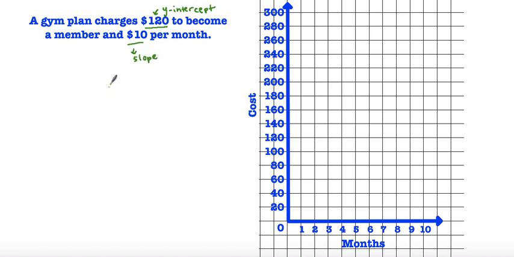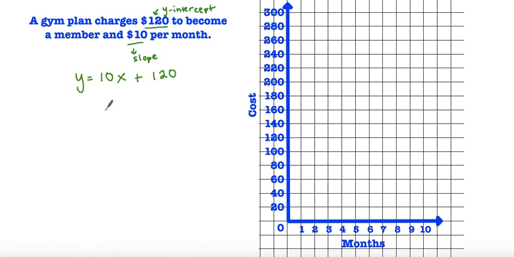So here we have our slope and our y-intercept, and to write it in slope-intercept form, we have to start off with y equals. Y represents the cost, and y equals 10, because 10 is the slope, so $10 per month times the number of months plus $120, which is our initial fee.